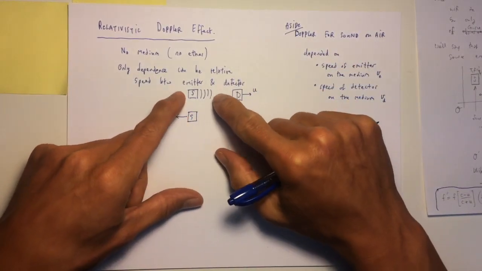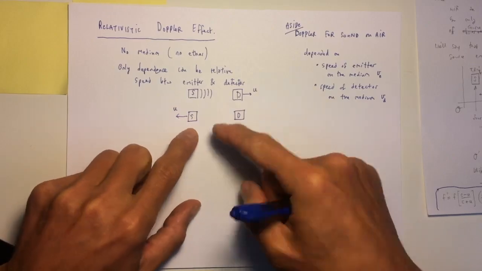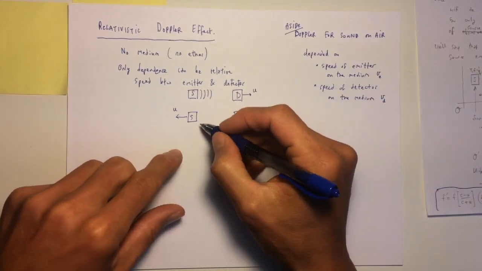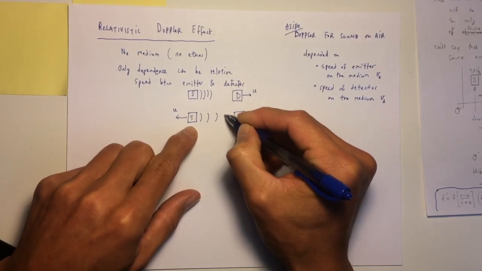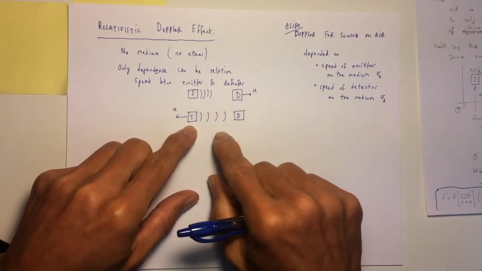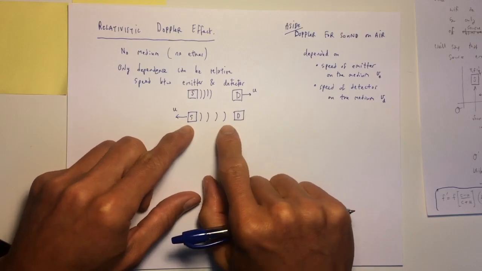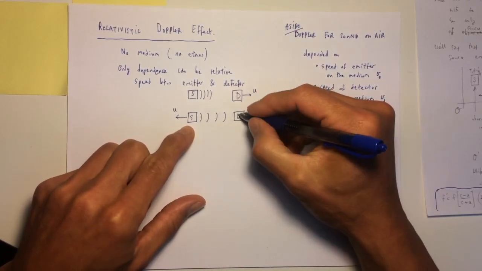I want you to recall, though, if the source is moving away, then it's going to effectively spread out the wavelengths that the detector sees.